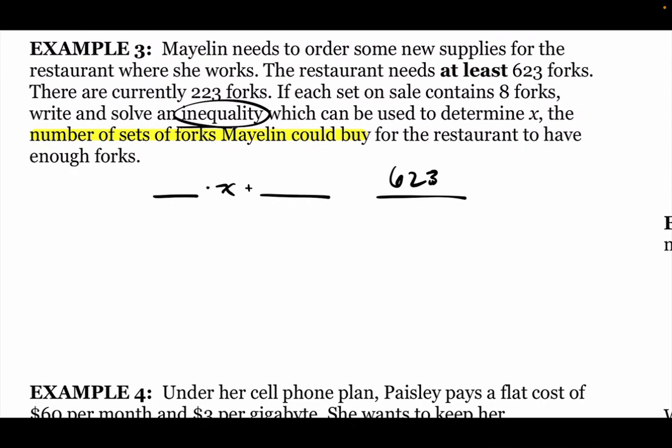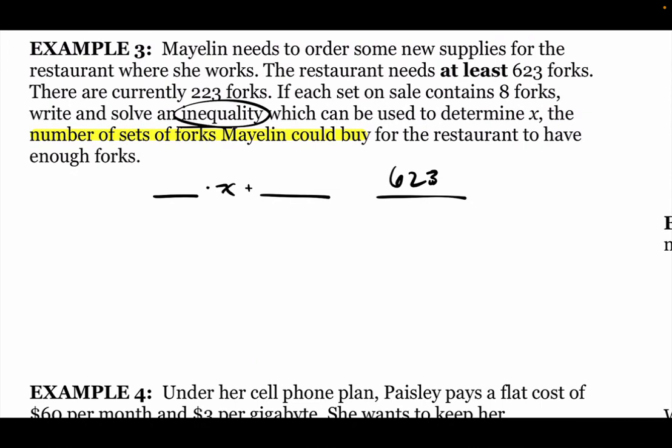It says at least. What does at least mean? Does at least mean bigger or smaller? Bigger. At least is bigger. If you need to have at least this, you can have the same number or more, right? So it's going to be greater than, and it could be the same, right?